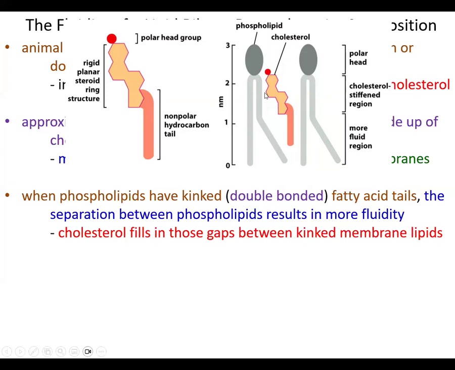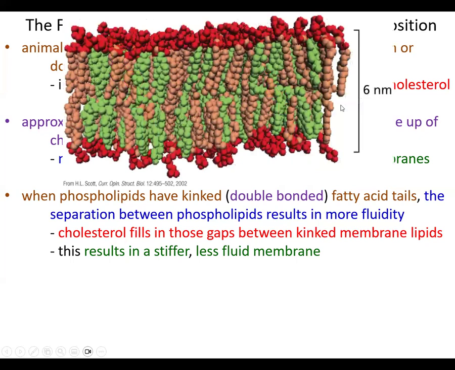So we're going to make van der Waals interactions here between these two and van der Waals interactions here between these two. And so essentially cholesterol acts as a bridge or a glue, gluing adjacent phospholipids together through the adhesive force, or the attractive force, of van der Waals interactions. And that gain of attraction and filling in of the empty gaps results in a stiffer, more dense, less fluid membrane.